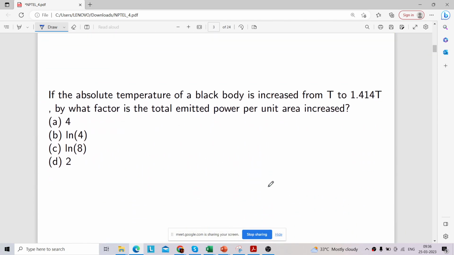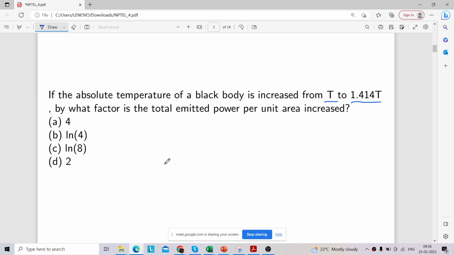Okay, we come to the first question now. If the absolute temperature of a black body is increased from T to 1.414 T, by what factor will the total emitted power per unit area increase?